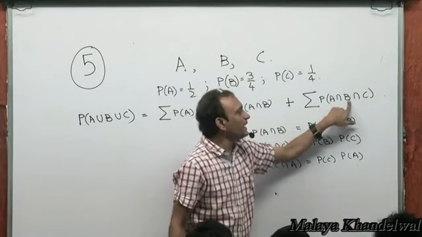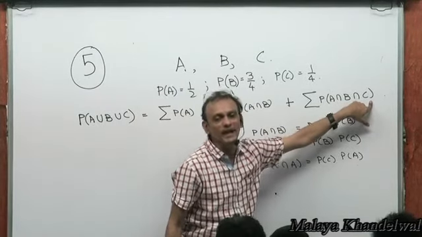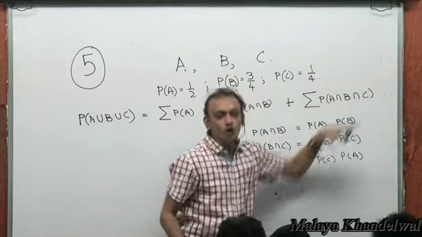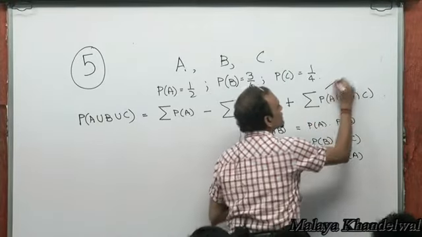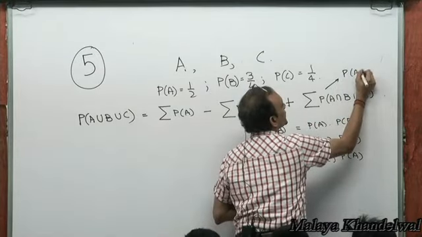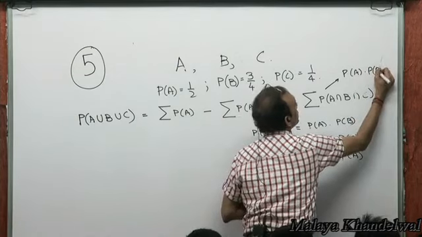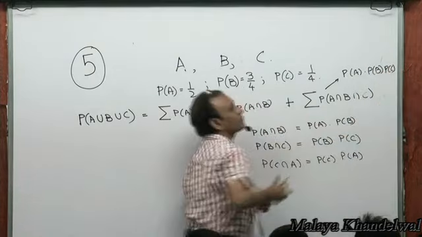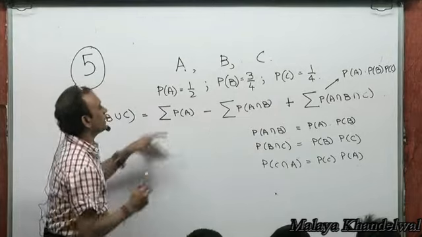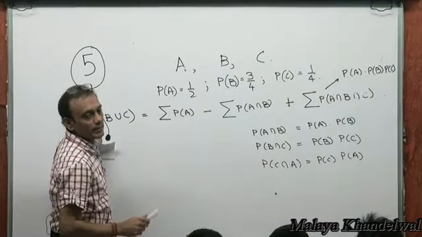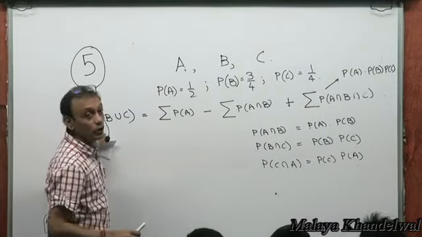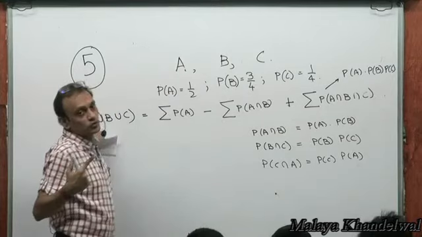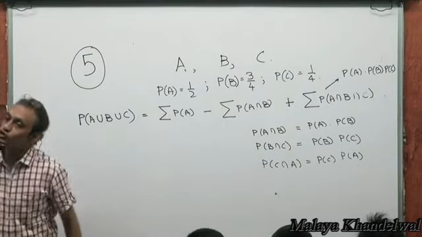Now again, P(A intersection B intersection C) would be P(A) into P(B) into P(C). You can plug in the values and get the probability that A or B or C could solve. At least one of them solves, the problem would be termed solved, right?